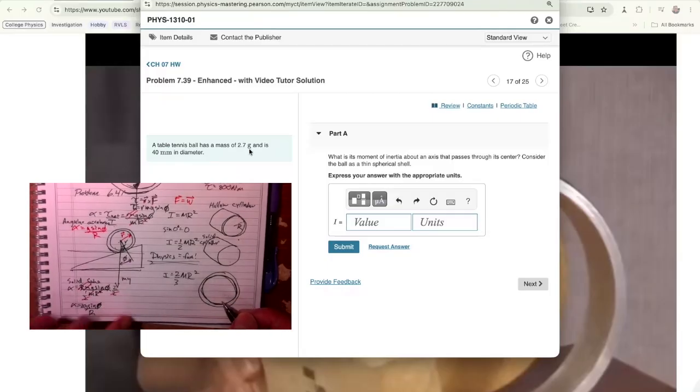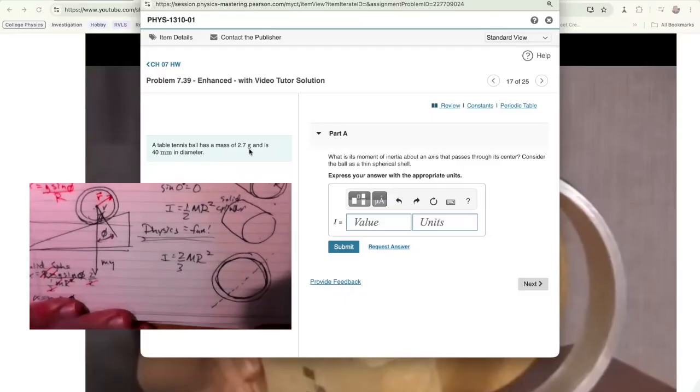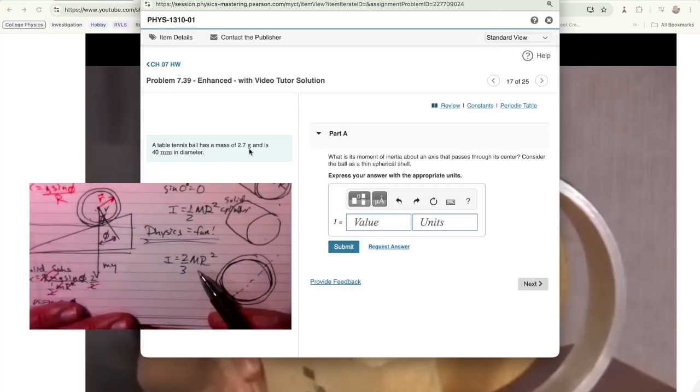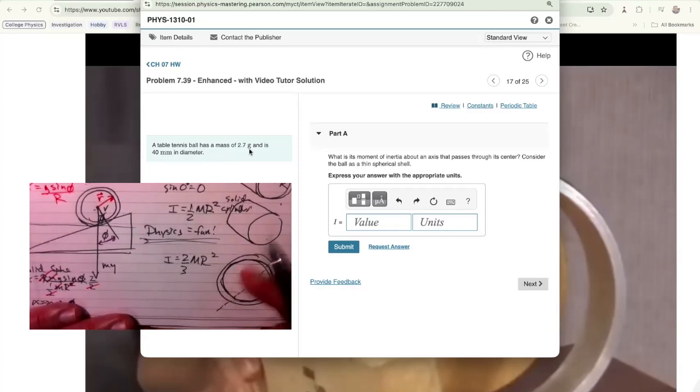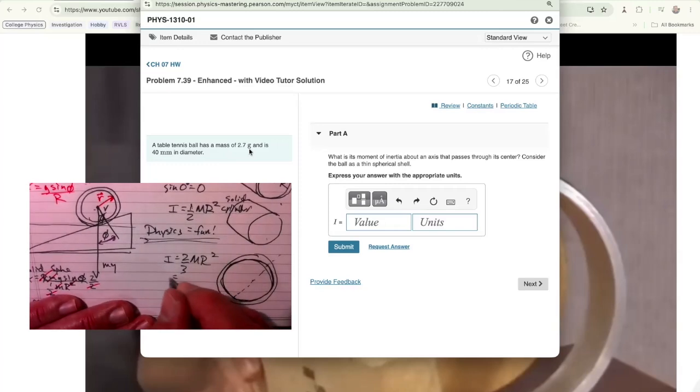What is the moment of inertia about an axis that passes through its center? Here is this axis, it goes right through the center of my ping pong ball. I got the formula right there. I am going to put this in kilograms and meters, because if you don't, that's going to get you.